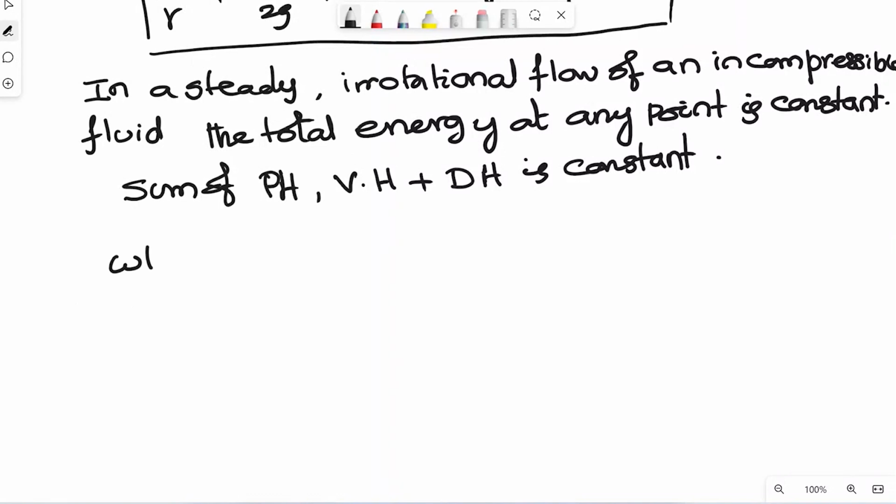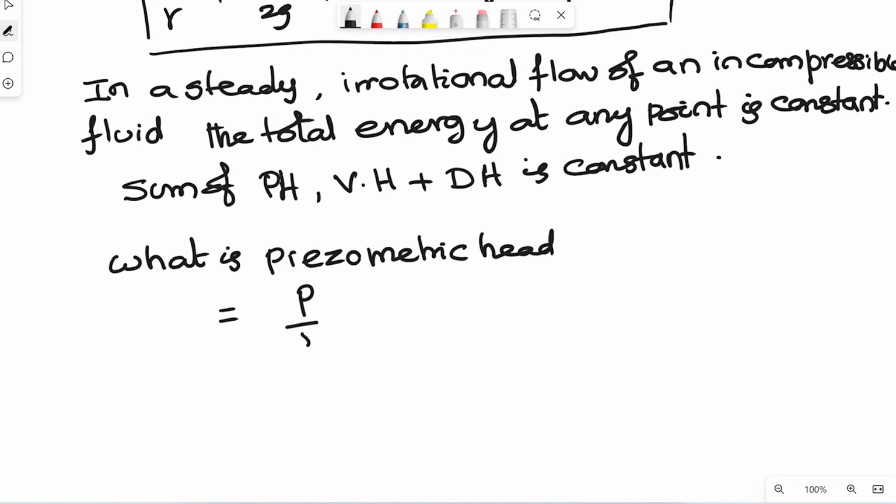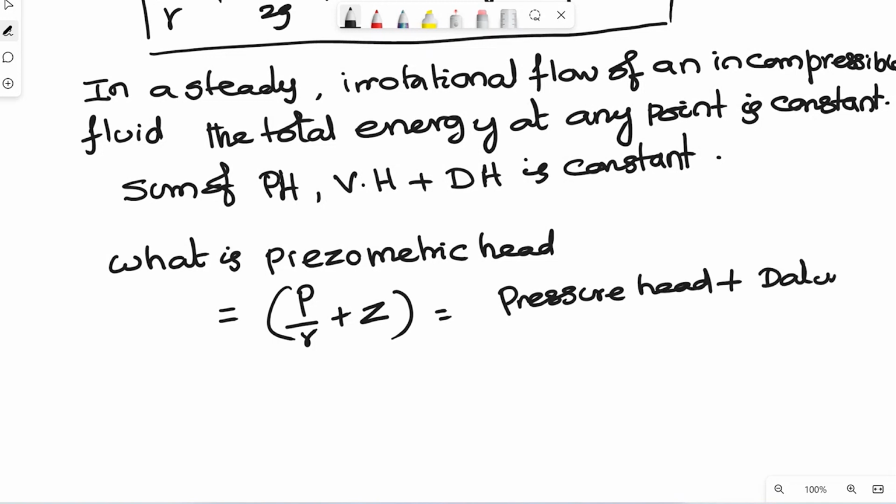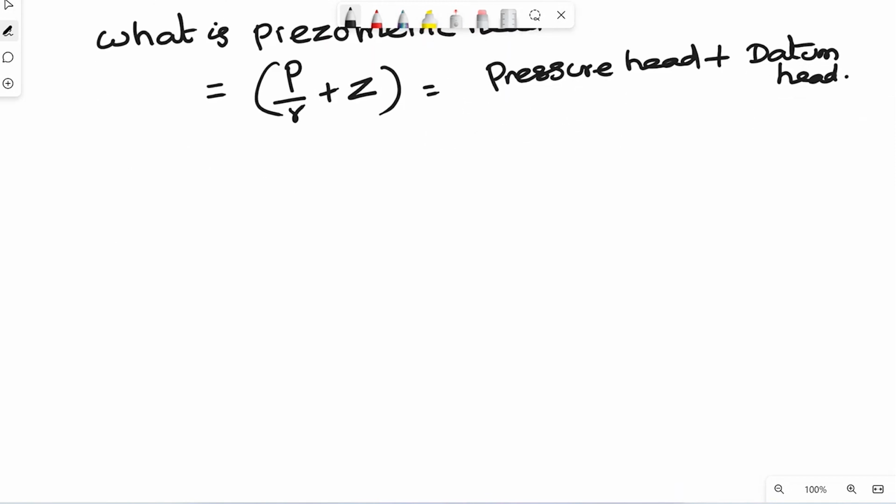Then what is piezometric head? Piezometric head means p by gamma plus z is called piezometric head: pressure head plus datum head. Now, what is the datum head actually? If you take the flow through a pipe which is horizontal, for example, this is the center line of the pipe.